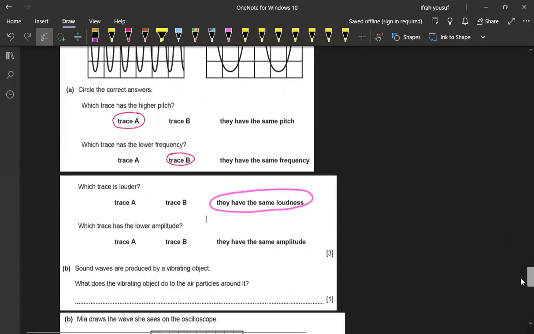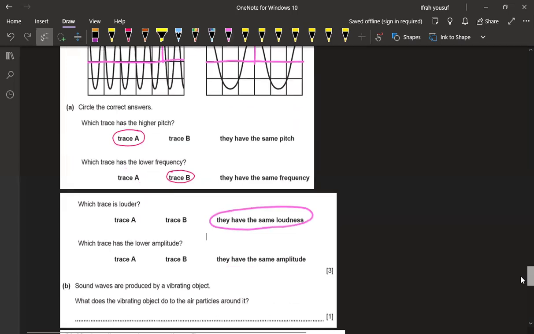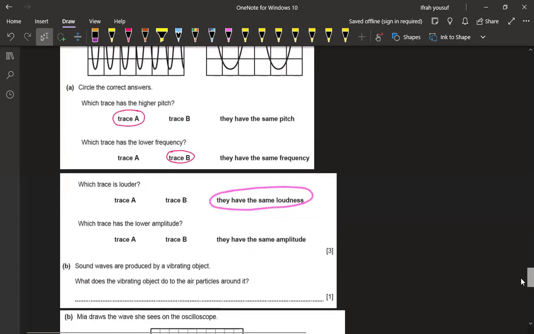Yes. All right. So which trace has the lower amplitude? Both have the same amplitude, right? Because when we talk about the loudness, loudness is referred by the amplitude.